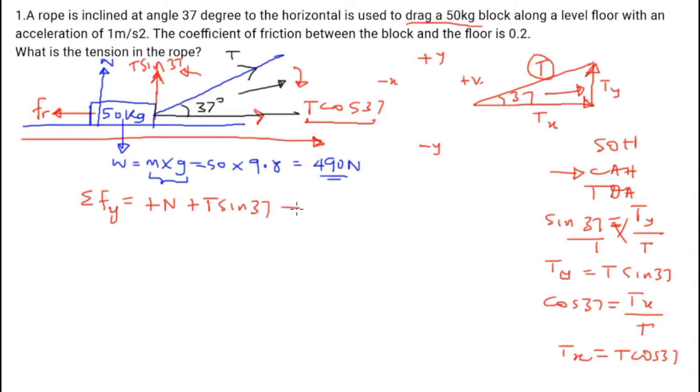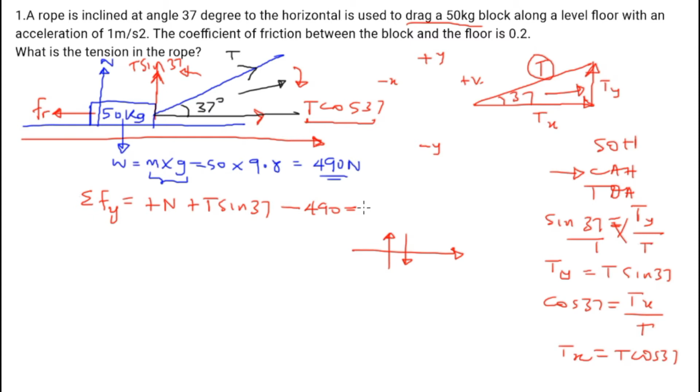and then W will be along the negative y-axis, and it has to be equal to 0 because there is no acceleration along the y-axis. The question did not say that the object is moving up or down, so the object is just moving in this direction horizontally.